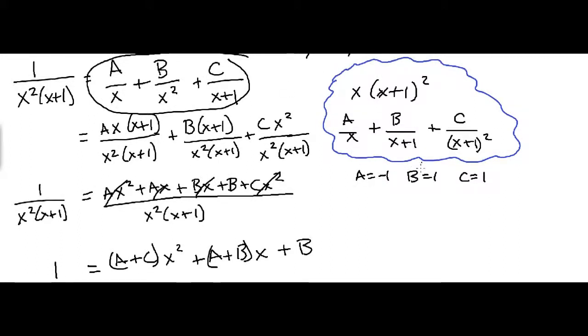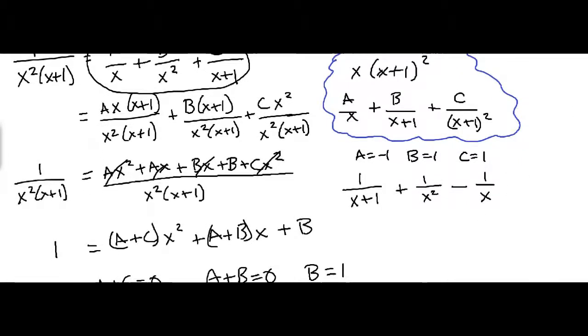I always like to put my negative ones at the end, so I'm going to rearrange these a little bit and start with the c term. So I'll have 1 over x plus 1, plus 1 over x squared, minus 1 over x.